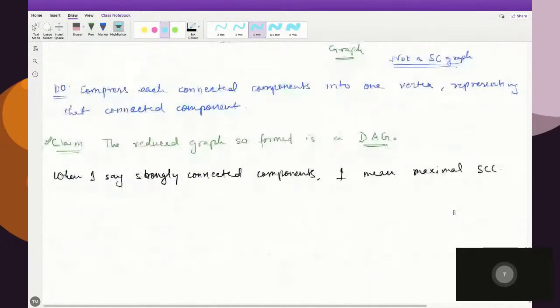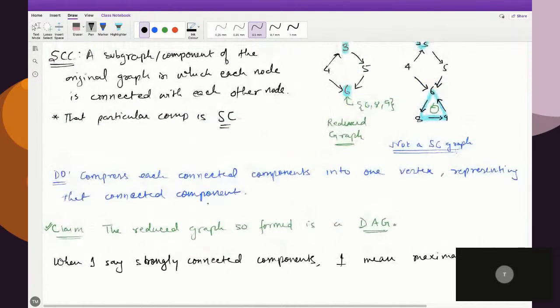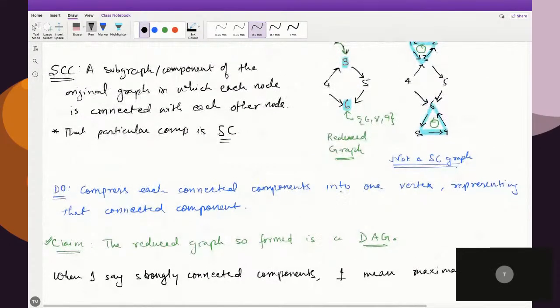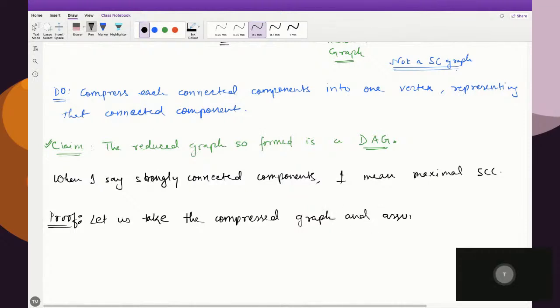Let me try to argue something. Strongly connected components when you compress them. So let us take this compressed graph. Proof: let us take the compressed graph and assume the contrary.